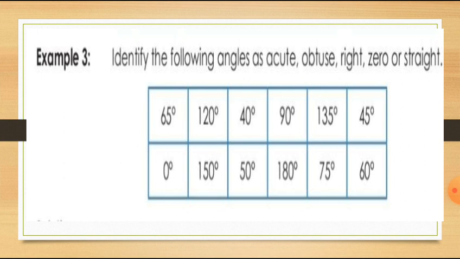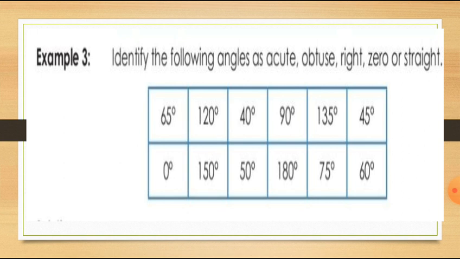Always remember, zero angle means 0 degree angles. Acute angle means less than 90 degrees. Obtuse angle means greater than 90 degrees but less than 180 degrees. Right angle means 90 degree angle. Straight angle means that is 180 degree angle. And reflex angle is greater than 180 degrees. Okay, keep this all in your mind and then you answer.